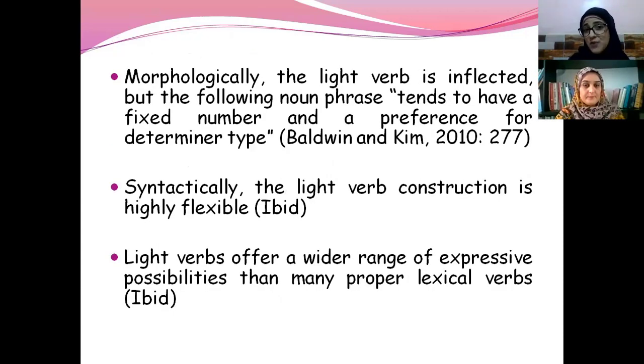If we talk morphologically about the light verbs, we can say that the light verb is inflected, but the following noun phrase tends to have a fixed number and a preference for determiner type. That is to say, for example, in the light verb construction make amends, here the verb make can be inflected.